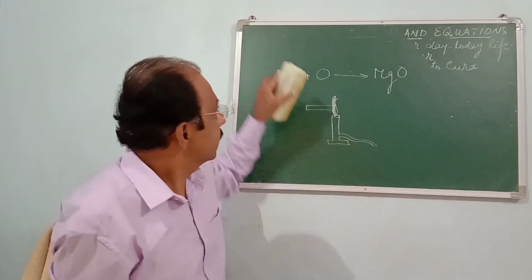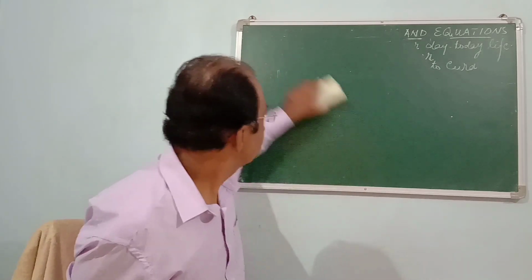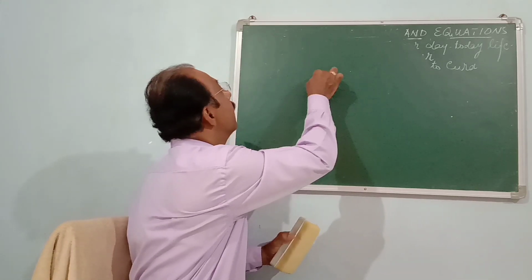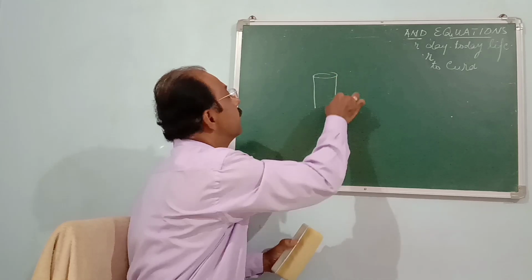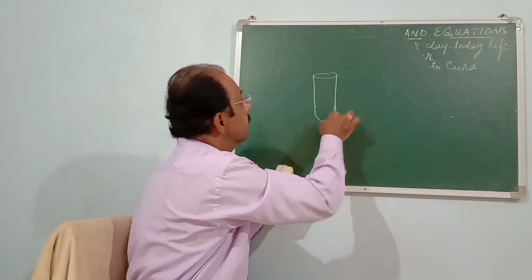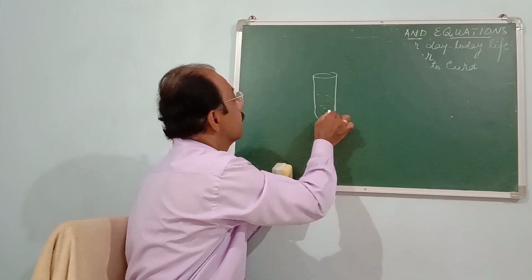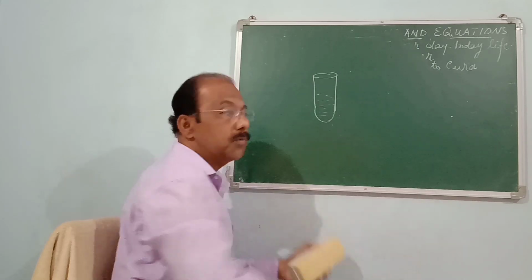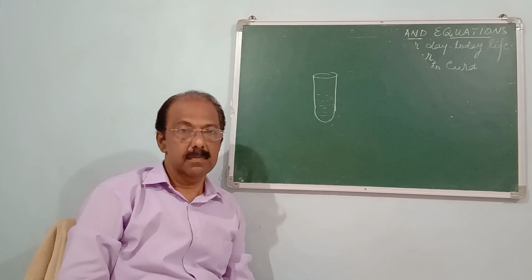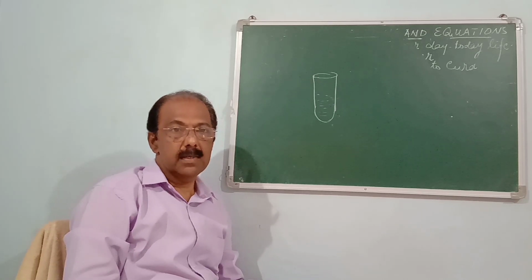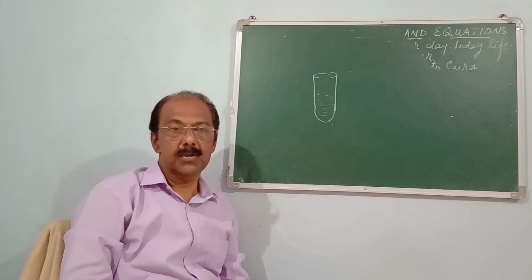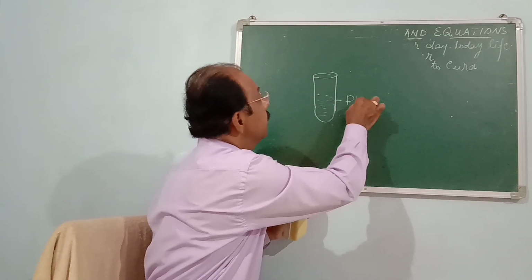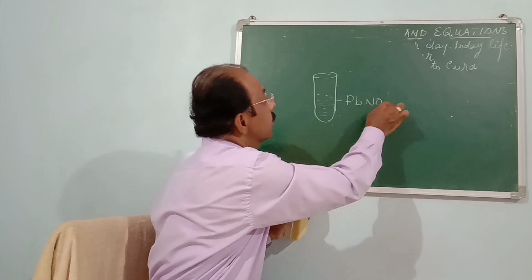And another activity is given. A second activity: take a beaker. This is a test tube. Two aqueous solutions are taken in the test tube. One is lead nitrate, Pb(NO3)2.